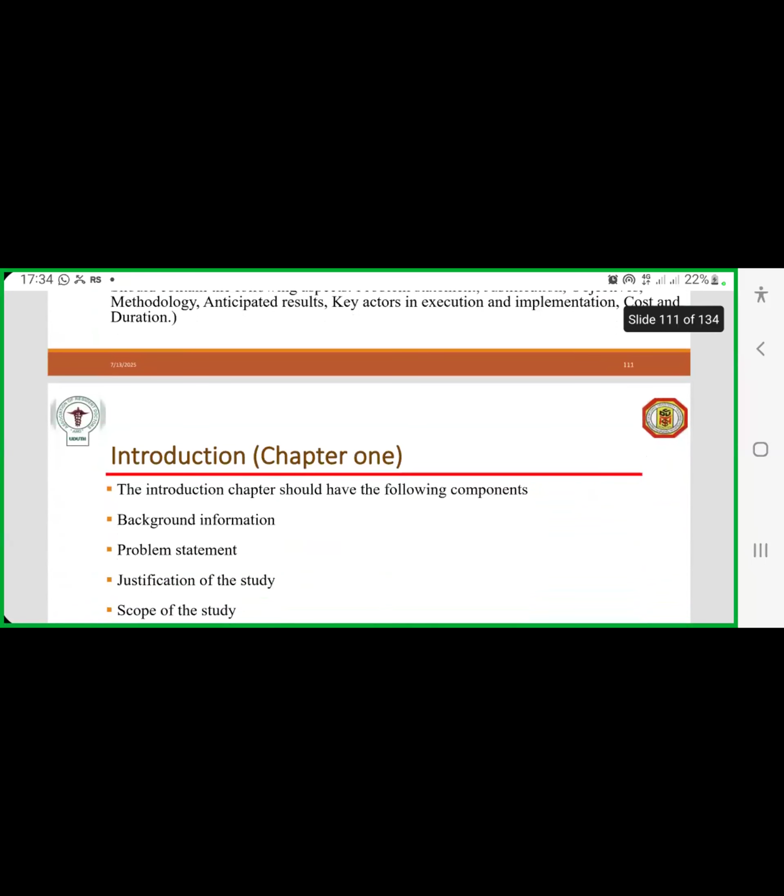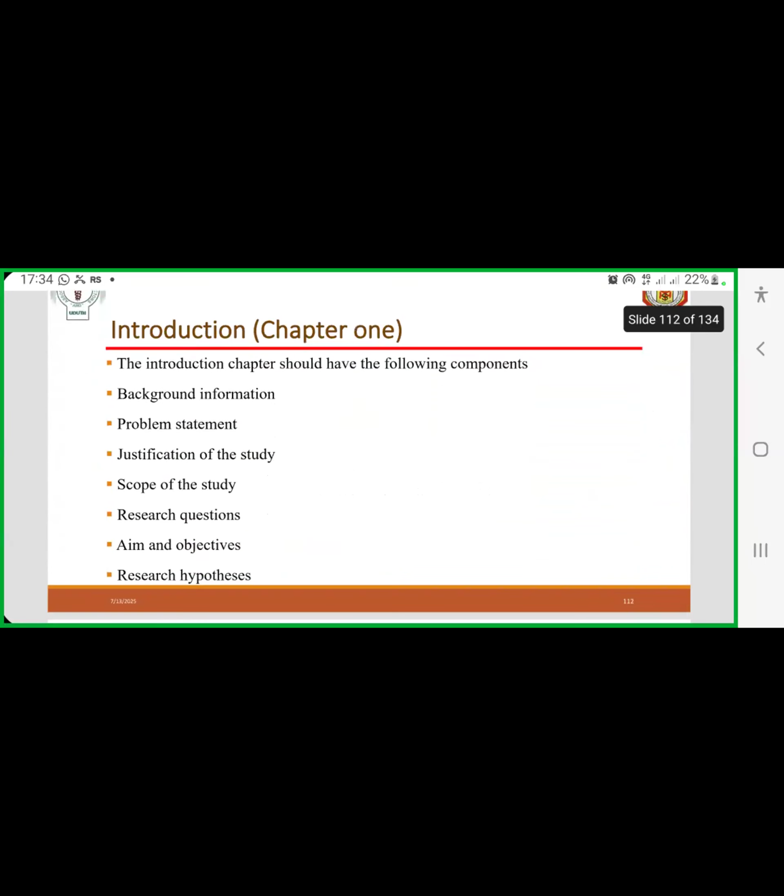Then the introduction, which is chapter 1. So you start with the title. Next is the abstract. You must have an abstract or summary. Then next is chapter 1, the introductory chapter. This chapter 1 has some steps. These are the steps in writing chapter 1.